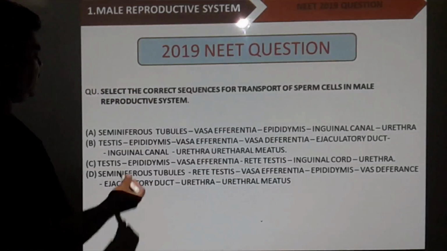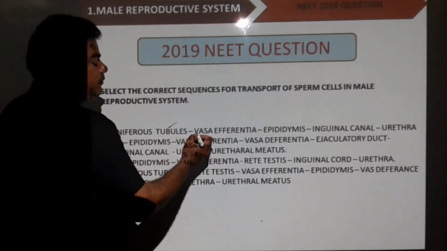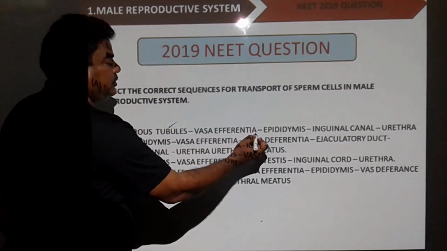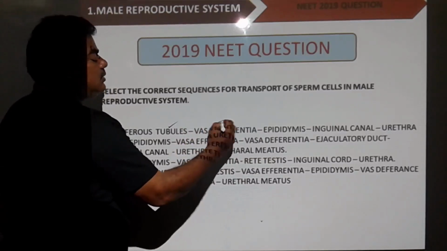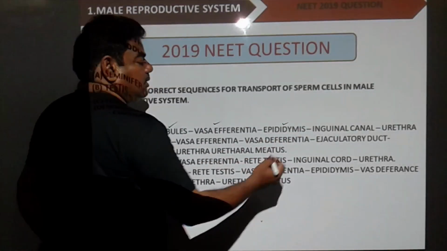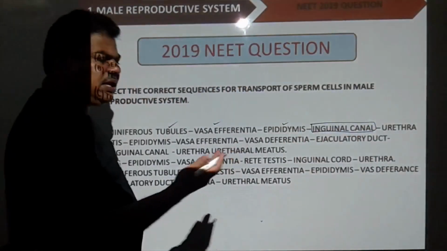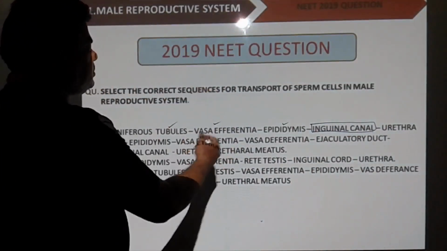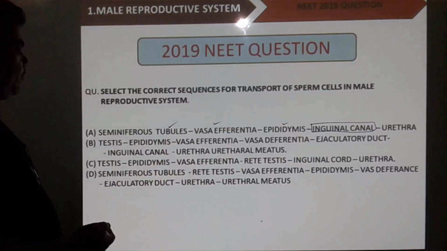In the first one, see here, seminiferous tubule, correct. Then from seminiferous tubules to vasa efferentia, here rete testis should be needed, but okay. Then epididymis, okay, but here the inguinal canal is there. The inguinal canal is not a part of this sperm transport.